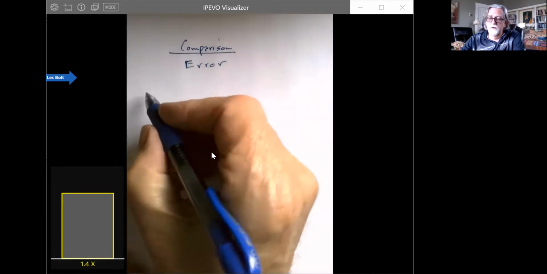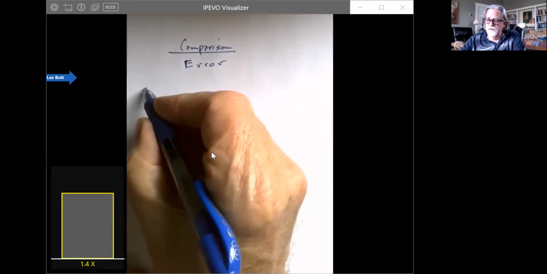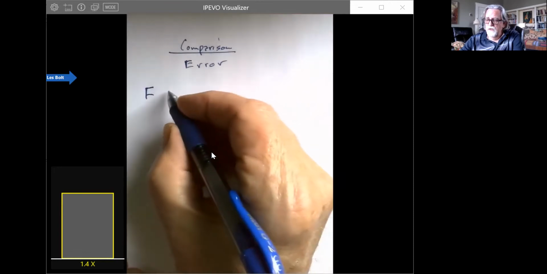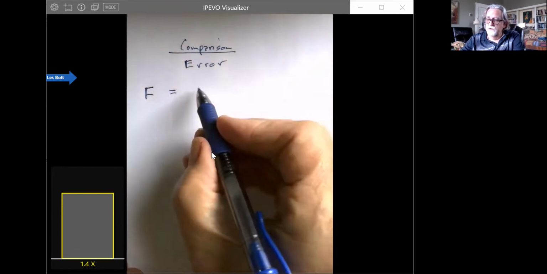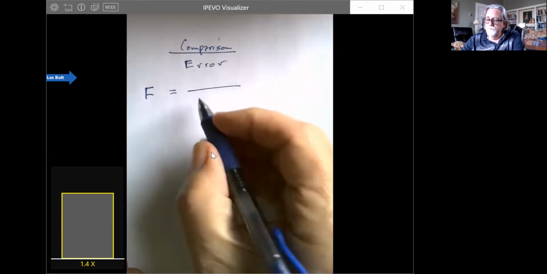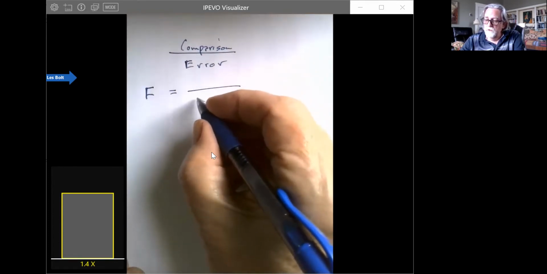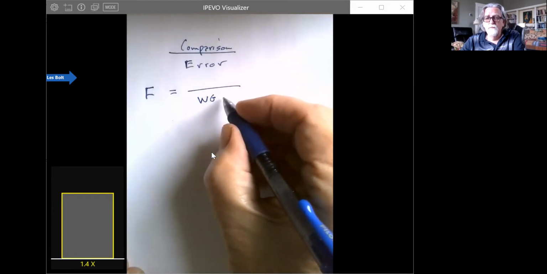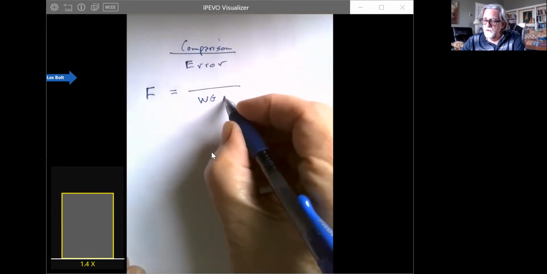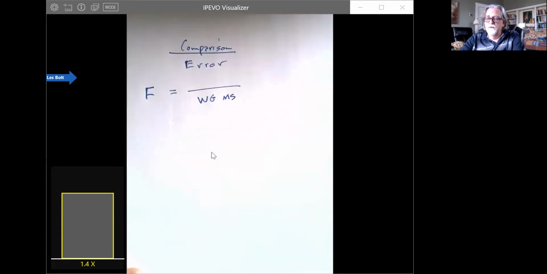And in ANOVA, that's represented by a statistic that's called F. And F is the statistic in which we have within group what's called mean squares. That's just the total within group variance divided by the degrees of freedom for the groups.